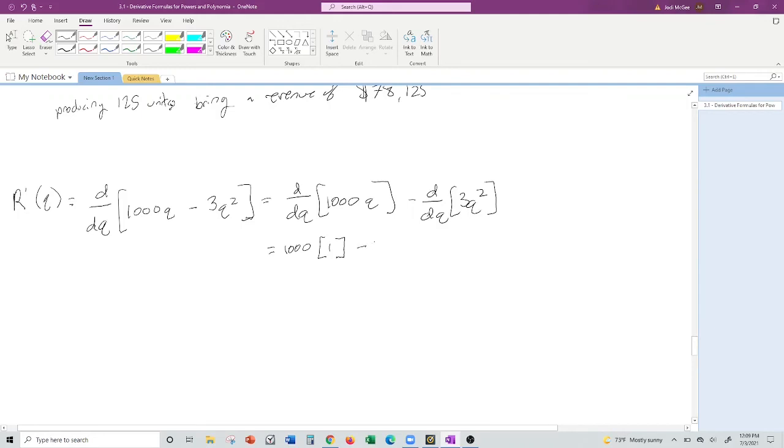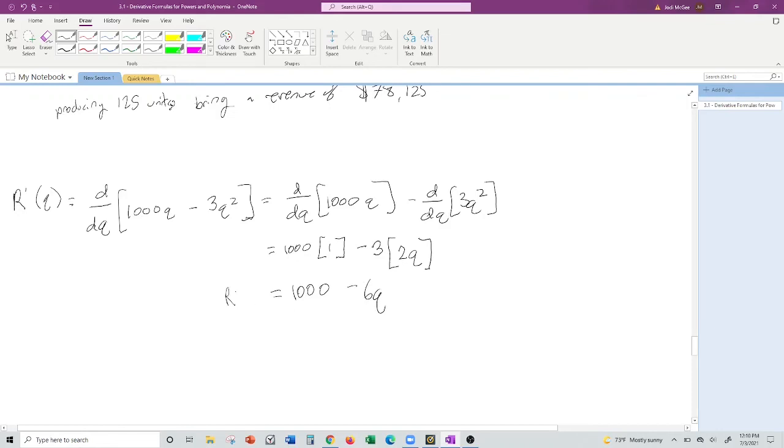Then again we can pull the 3 out front because it's a constant multiple, and we're left with the derivative of q squared. So we pull down the 2 times q to the 2 minus 1, which is just q. So our derivative is 1,000 minus 6q.